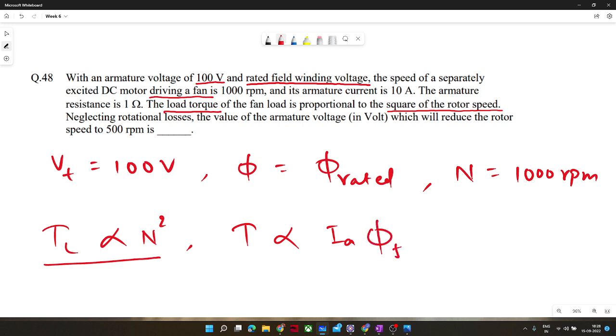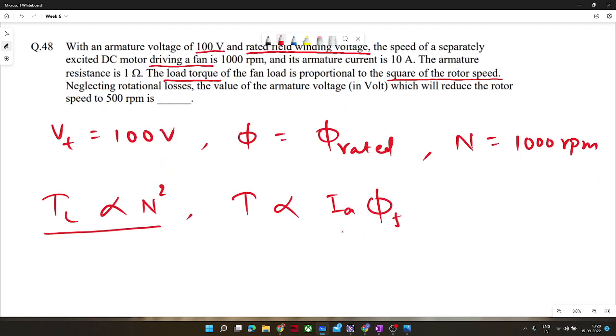This is the characteristic: when field MMF and armature MMF are 90 degrees apart, torque is maximum. So the electromagnetic torque produced by the motor depends on armature current and flux. And here the load torque depends on the square of rotor speed, and we need to find what value of armature voltage will reduce the rotor speed to 500 rpm.